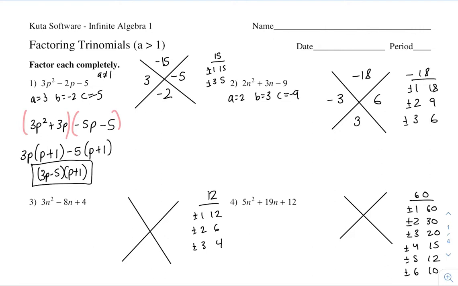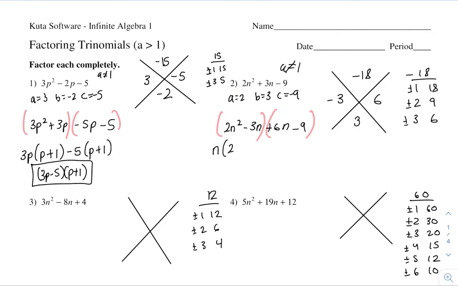So a is not equal to 1. So then we have first term, 2n squared, the last term, minus 9, and then our middle terms from our x method chart, negative 3n plus 6n. We group them. So from the first set of parentheses, we can factor out an n only.